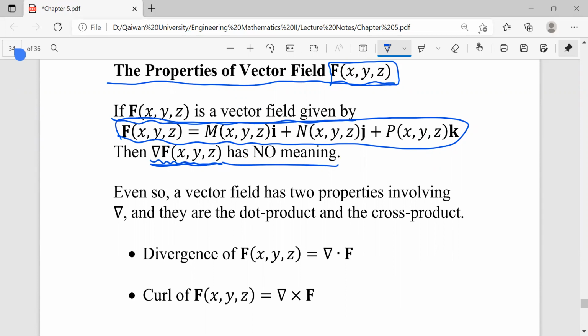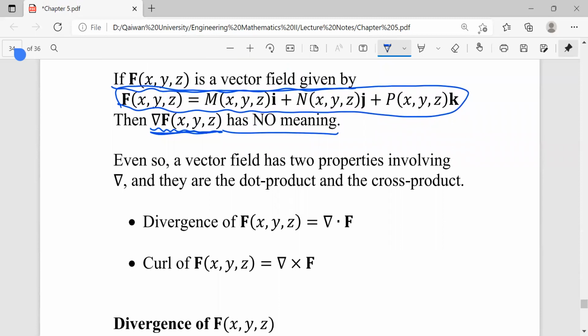But for a scalar field, it is the gradient. If f is a scalar field, a function, we say it's the gradient vector for the function. But the grad of a vector field has no meaning.